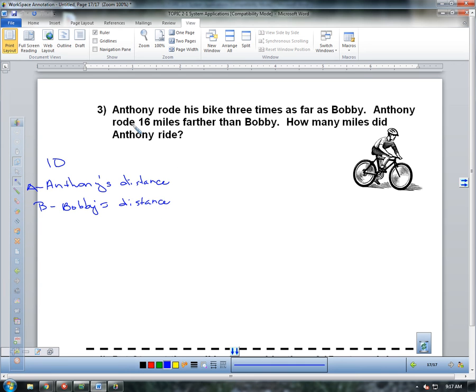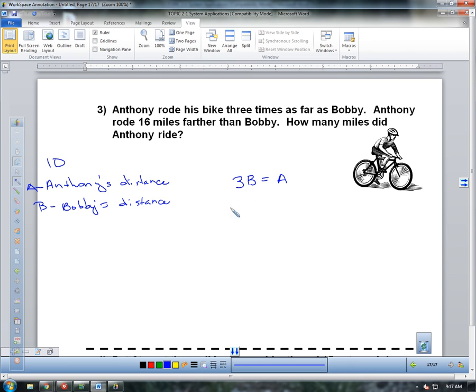Anthony rode his bike 3 times as far as Bobby. Anthony rode 16 miles farther than Bobby.